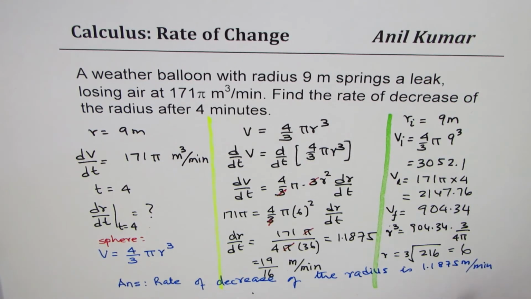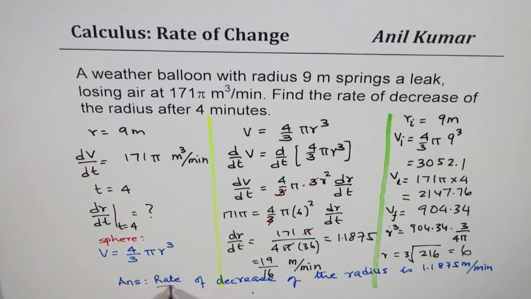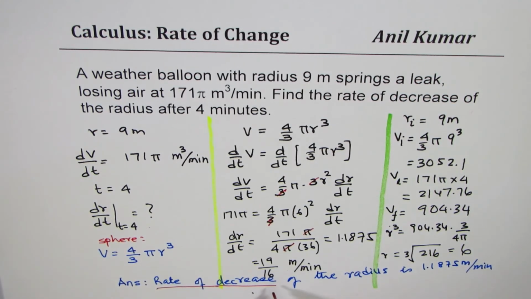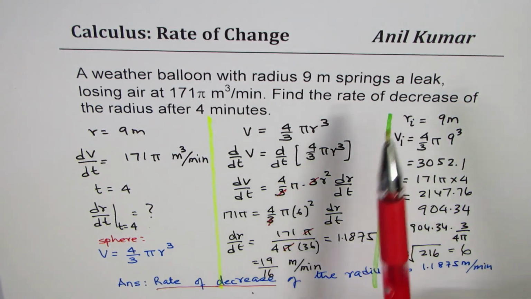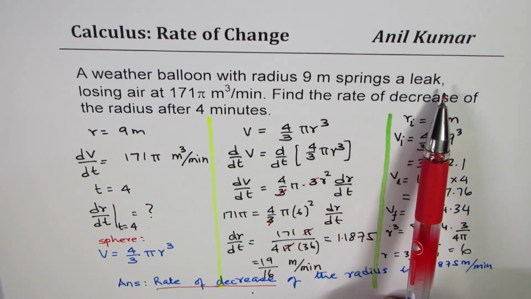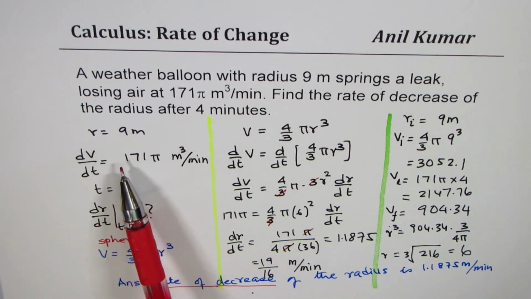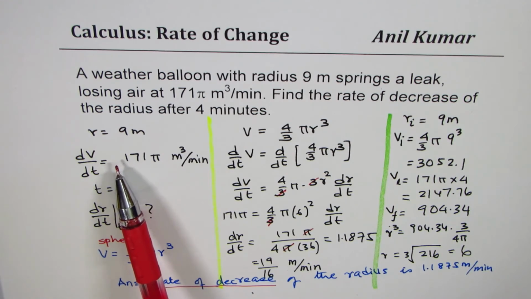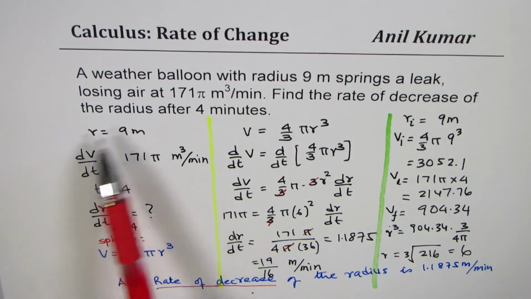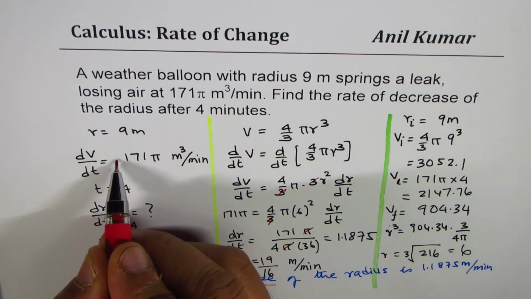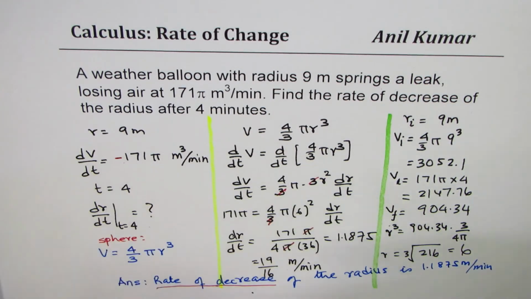Now this is very important to write. The words rate of decrease are important, mainly because at times the approach could be, when we say a spring has a leak, losing that much, then we could take dV/dt with a negative value, right? So the alternate could have been, you start with dV/dt with a negative value, and that will result in a negative answer.